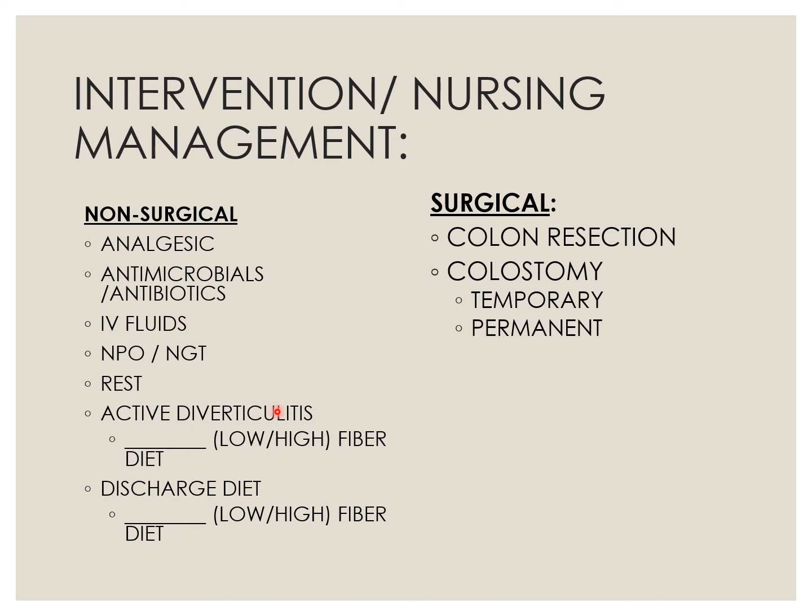When they can tolerate food, patients need to be on a low fiber diet, also known as a low residue diet. When they go home and are better, they need to be on a high residue diet or a high fiber diet. This is so important so that they don't have another episode due to improper diets.